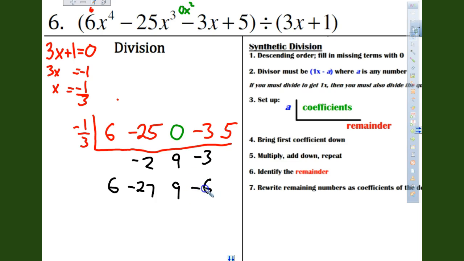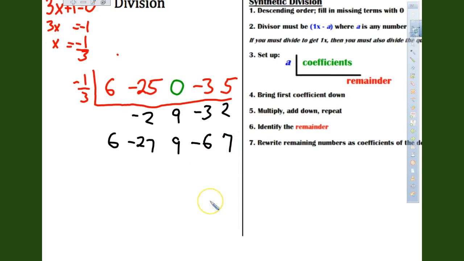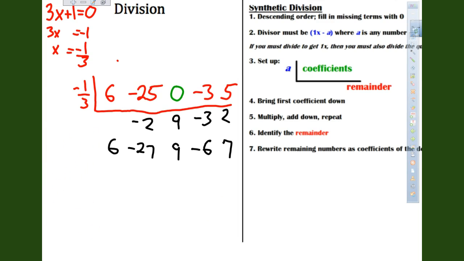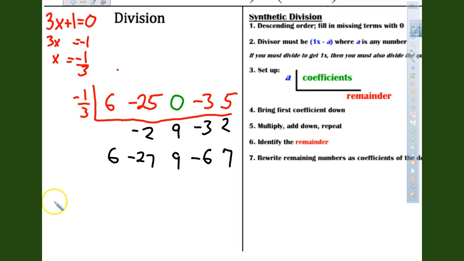So we get negative 6. And then negative 6 divided by negative 3 would be 2. So we get 7. Okay? That look good? So our answer would be what? 3x plus 1, right?